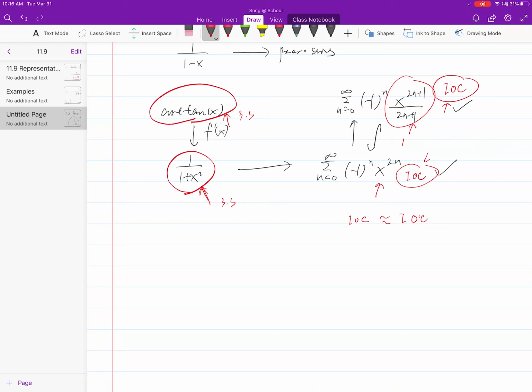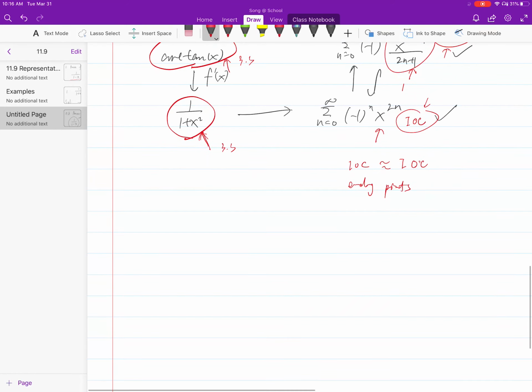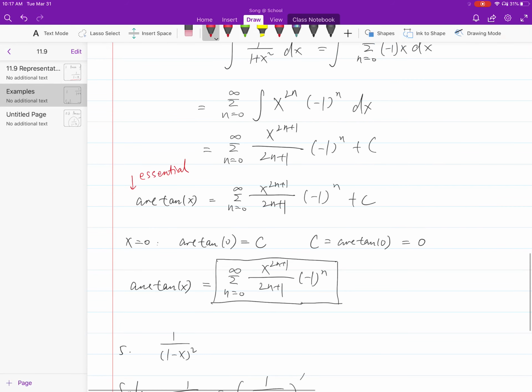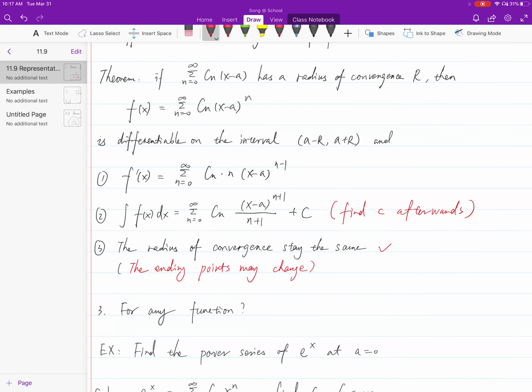Okay? The only difference will be the ending points. Because the theorem says R will stay the same. That means before you take it, it may be A minus R, A plus R. After you take it, it will still be A minus R, A plus R. But maybe some of the parentheses will change to bracket, and some of the bracket may change to parentheses. But that will be the only difference. Okay, so that's what the theorem says.